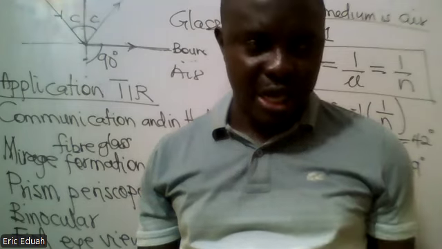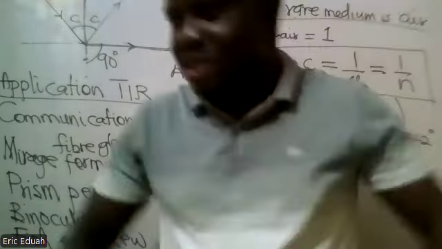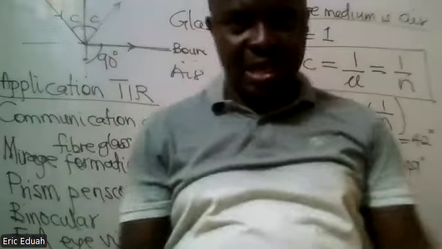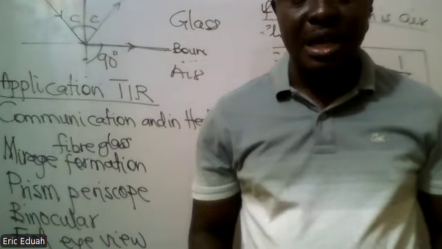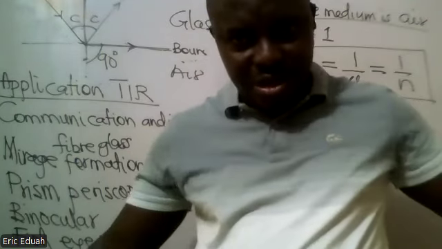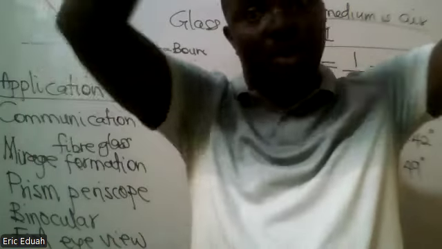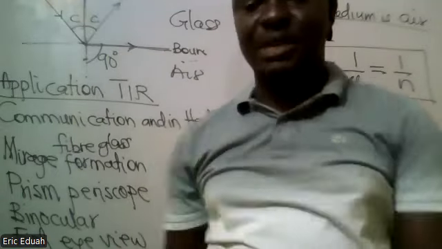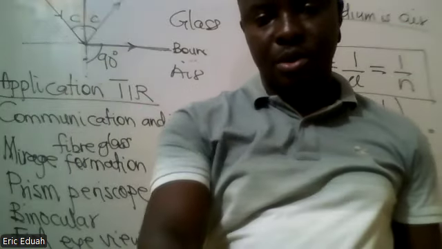Fishes in the water do not need to turn to see different angles. By total internal reflection, fishes are able to have about 180 degrees within the water medium. And above, they also have a 180-degree view up, but that is not by total internal reflection. Within the water, they have about 180 view of their environment.